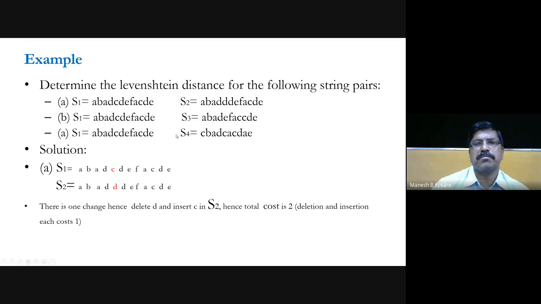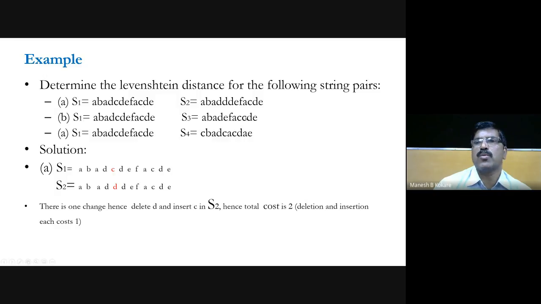Similarly, you can find the distance between S1 and S3. See that A is there, A is there, B is there, B is there, A is there, then D is there, D is there. Now here it is C, but here it is E, so you basically have to insert C. Again, D is not there, so you have to insert D, and then E is there, F is there, A is there, then C is there here.